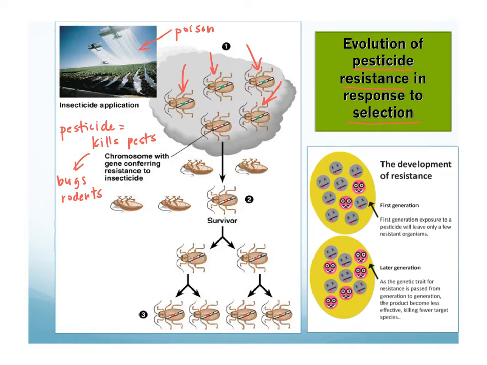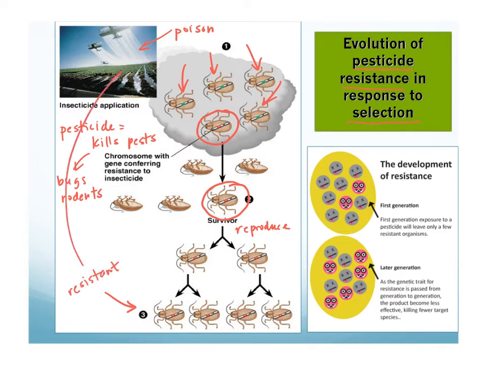But you're not always going to be able to kill all the bugs, because there's going to be one or two bugs, like this one right here, who are resistant to that. And as you know, it only takes two bugs resistant to the pesticide to survive. If there's at least two, they're going to survive and reproduce and have more and more offspring, and these offspring are going to be resistant to the pesticide.